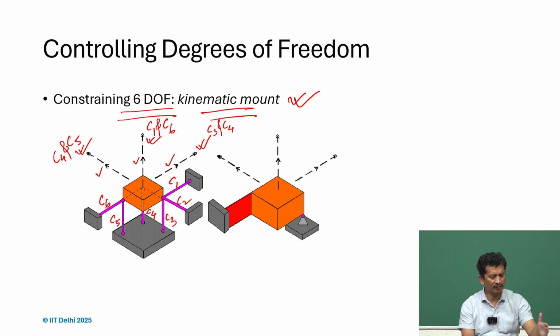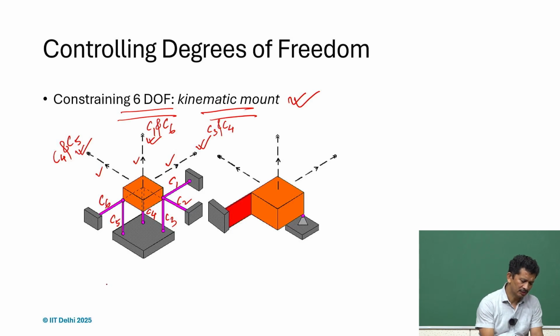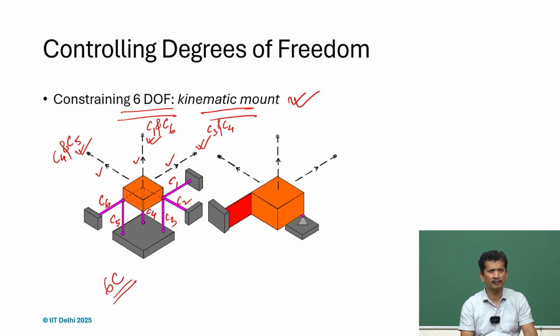So, in a way what we realize is that all of the constraints are used once, and that way we can get all the 6 constraints and we can design a kinematic mount. So, we can again use the constraint line approach. We can place the constraint lines along all the C1, C2 till C6, and we can achieve that.